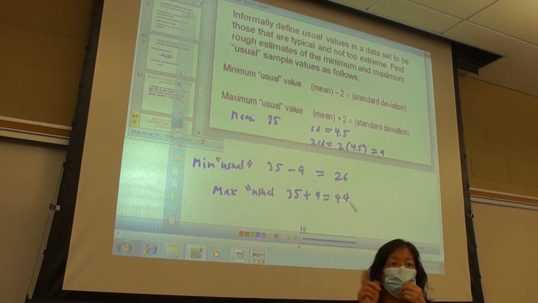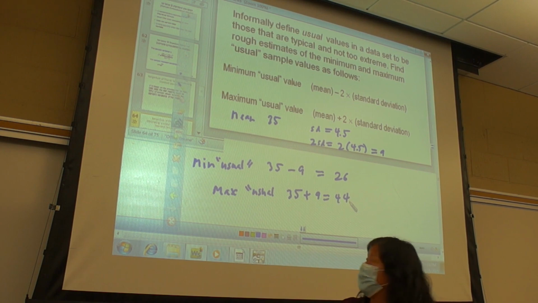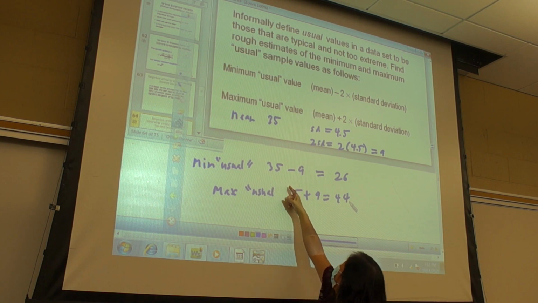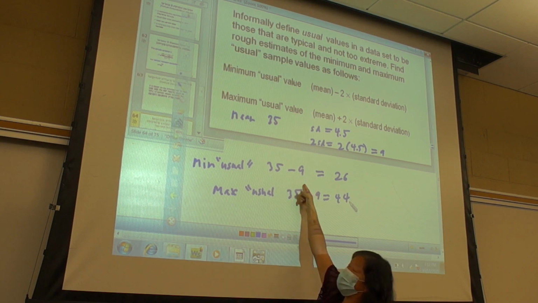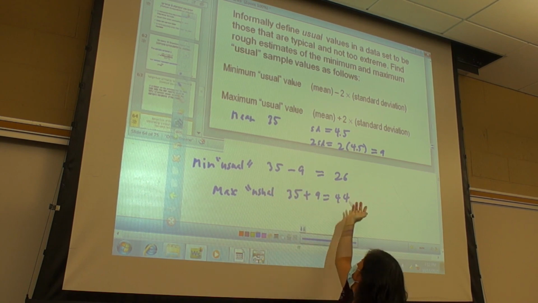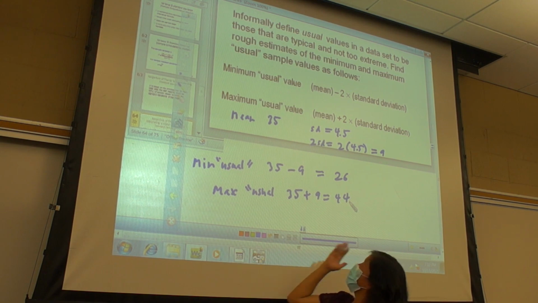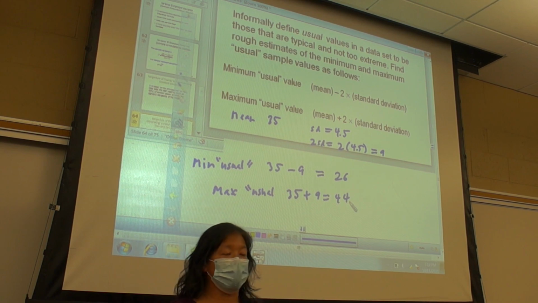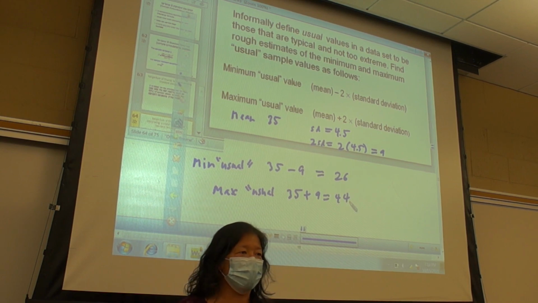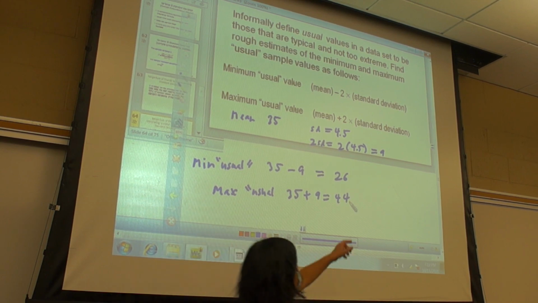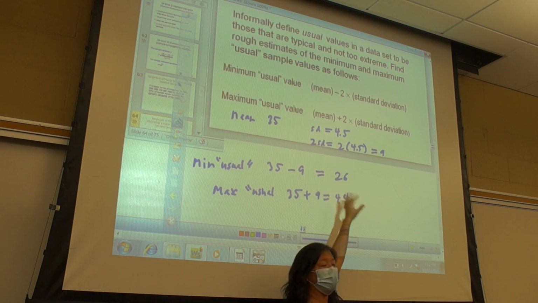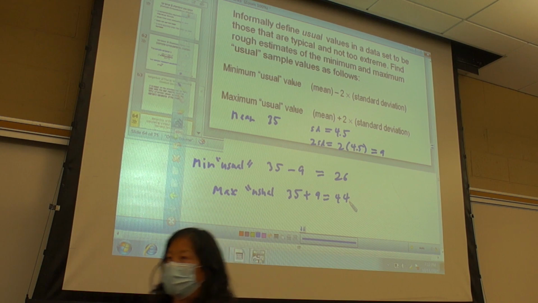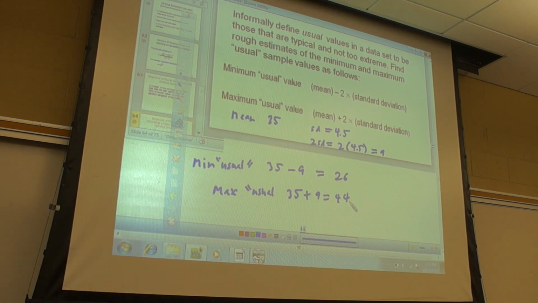Because what I get is some crazy stuff where I ask what the minimum and maximum values are, and they take 35, subtract 2 from 35, and then multiply that by the standard deviation and end up with like 140 as their minimum usual value. And there's no way that 140 is anywhere near my usual minimum value. Do you guys understand what I'm saying? Yeah. So try to find 2 standard deviations first and then check it through.